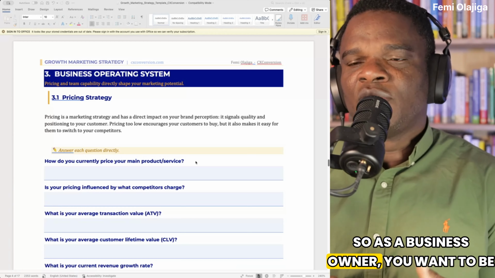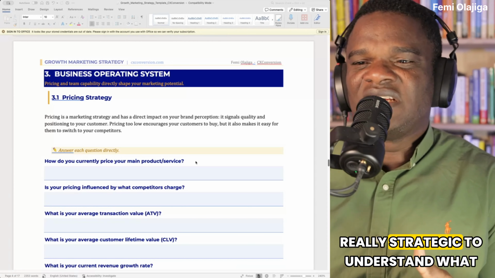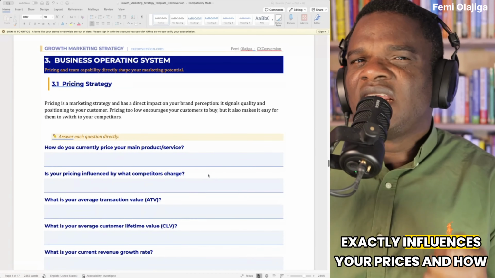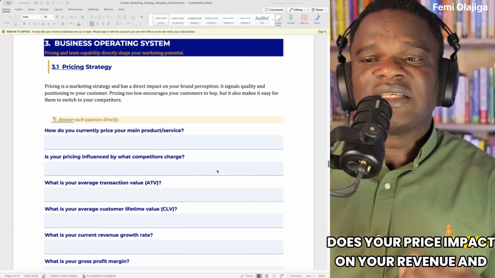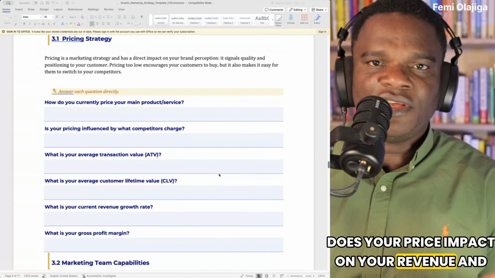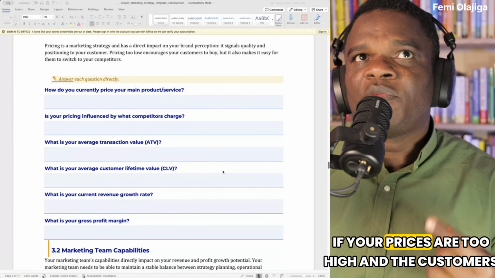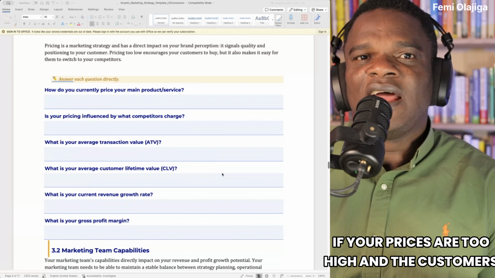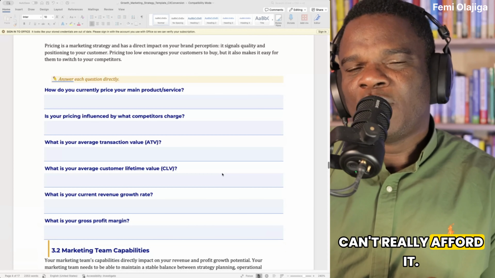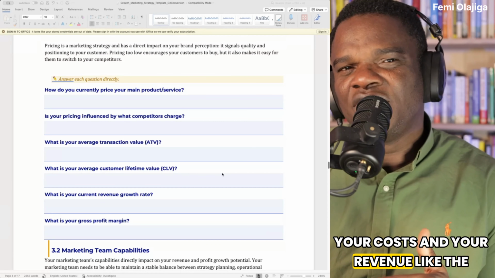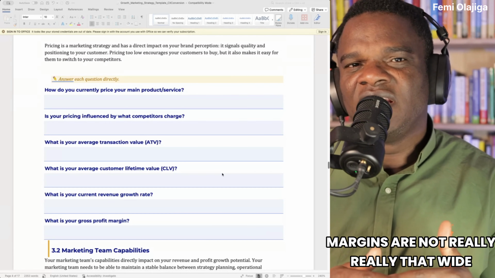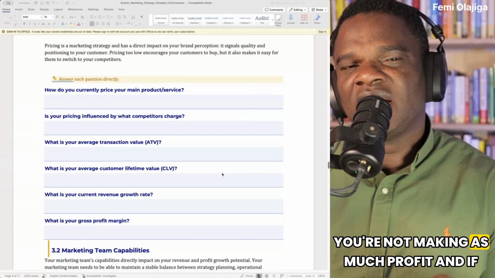So as a business owner, you want to be really strategic to understand what exactly influences your prices and how your price impacts your revenue and your profit margin. If your prices are too high and the customers can't really afford it, and even when they do afford it, your costs and your revenue margins are not really that wide, you're not making as much profit.